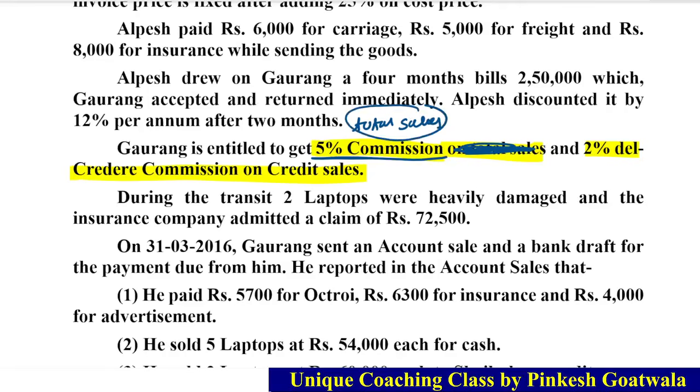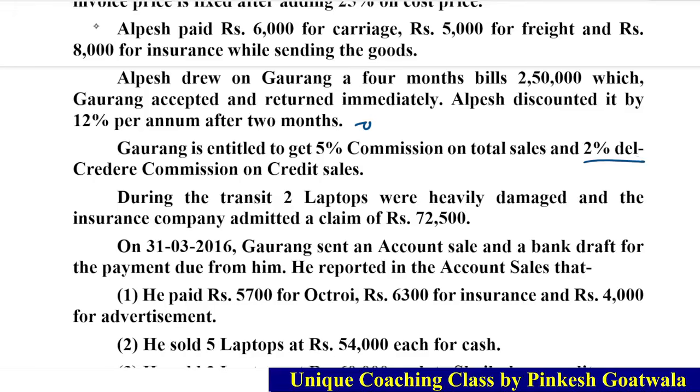Always on total sale. And same point, suppose in a question the point is only 2% del credere commission and nothing else, then remember I just told you that del credere commission is always calculated on credit sale. In this question they clearly said commission on total sale and del credere commission on credit sale.